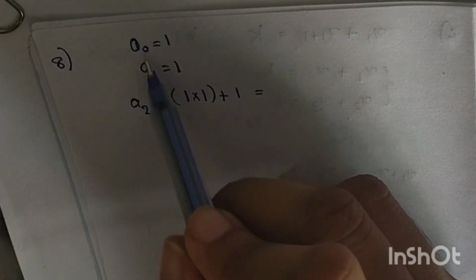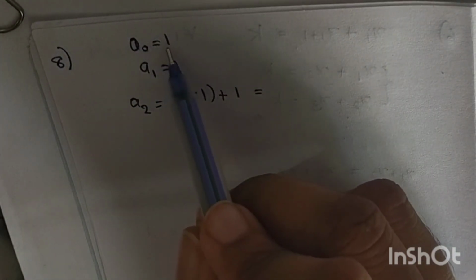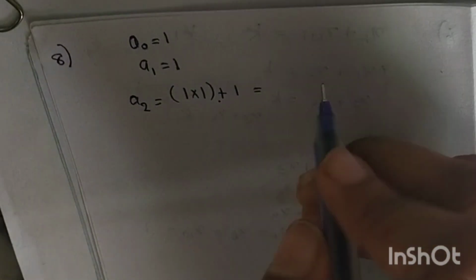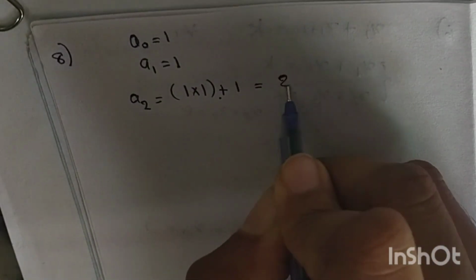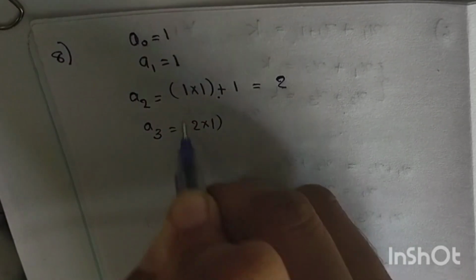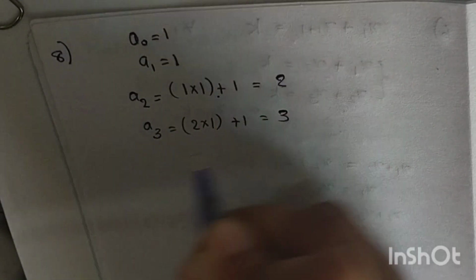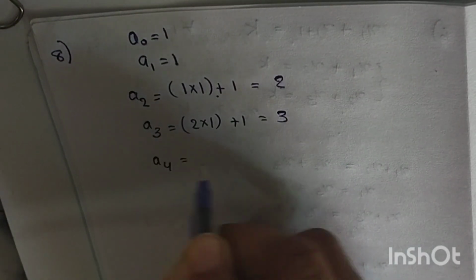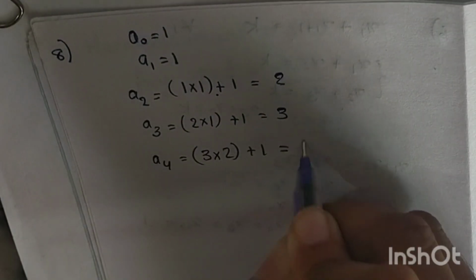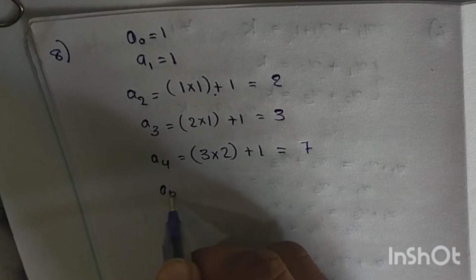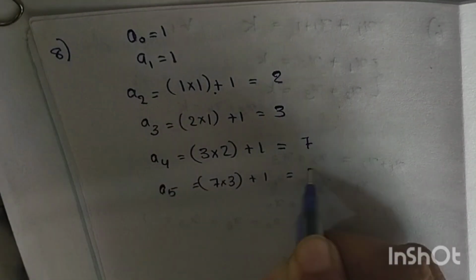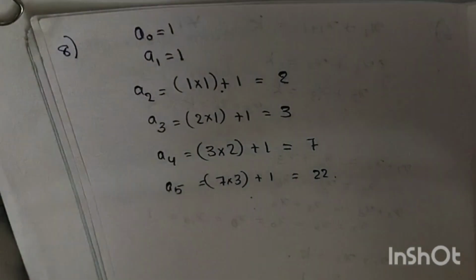Isn't that right? a2 equals a1 into a0 plus 1. That is what is given in the equation. So it will be 2. And a3 equals 2 into 1 plus 1, that is 3. a4 equals 3 into 2 plus 1, that is 7. a5 equals 7 into 3 plus 1, that is 22, and so on.